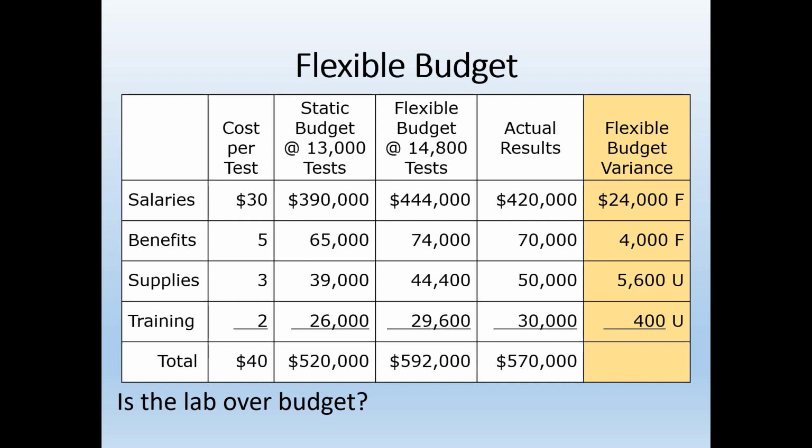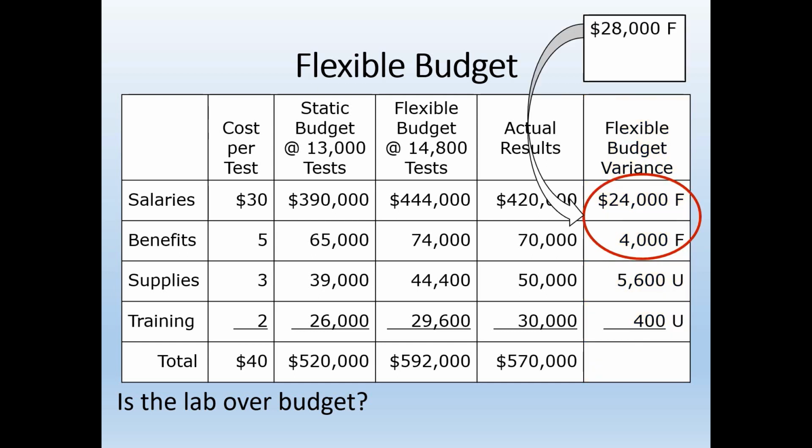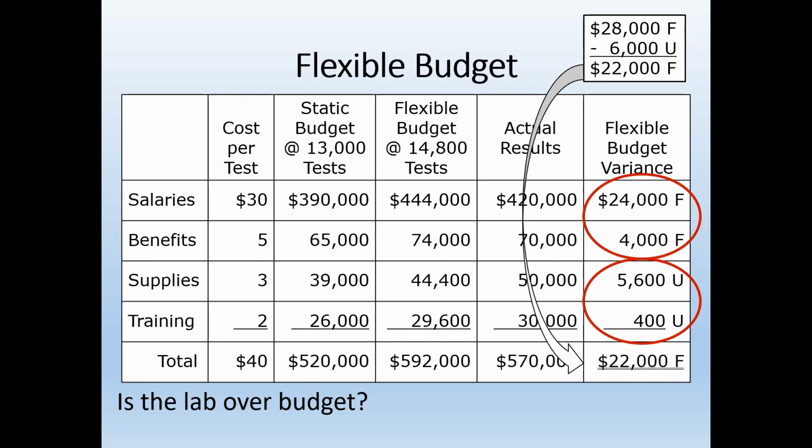The easiest way to do this is to add all of the favorable budget variances together and then add all of the unfavorable budget variances together, subtract the smaller amount from the larger amount, and the answer gets the sign of the larger amount.